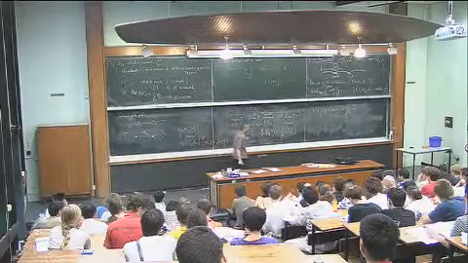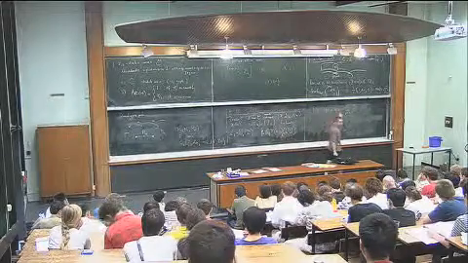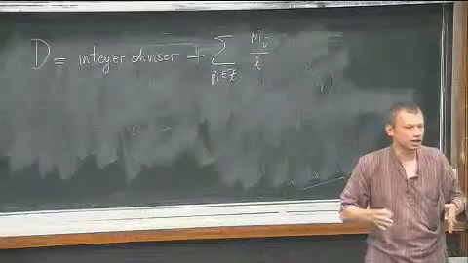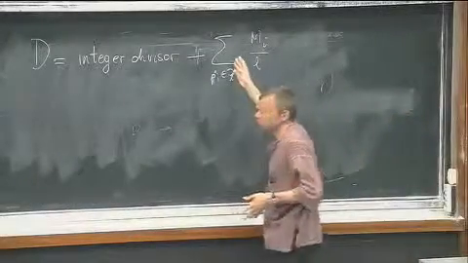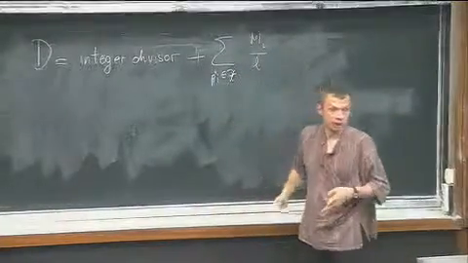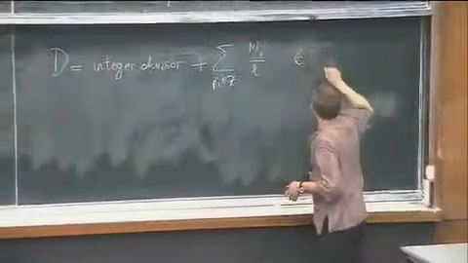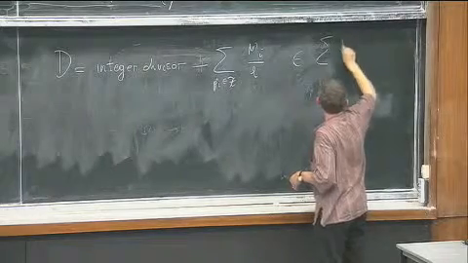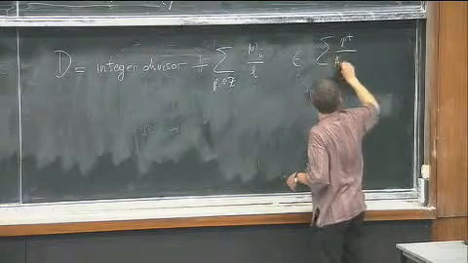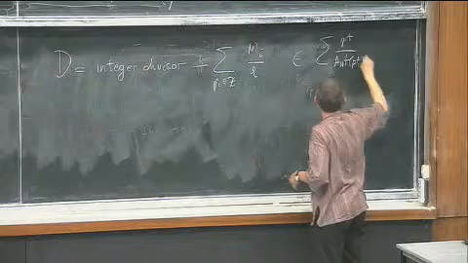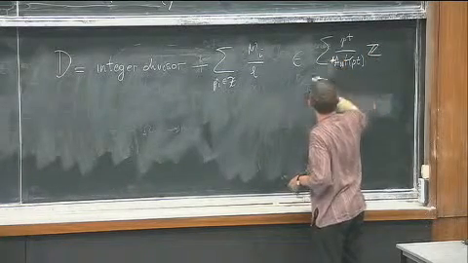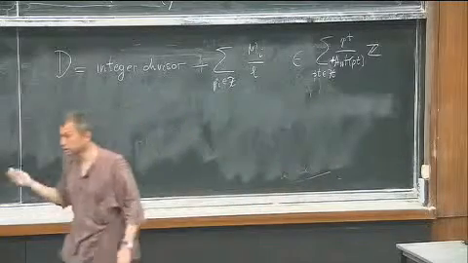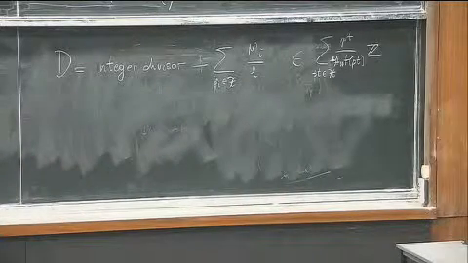And then I'm telling you that D has this shape. It is not an integer divisor. A priori, it can be a rational divisor, or a divisor with rational coefficients. In general, on orbifolds, I only require that the divisor belong to the sum of points over the number of automorphisms of those points, for all points inside X. So this is where I take the divisors, and this is what I get.